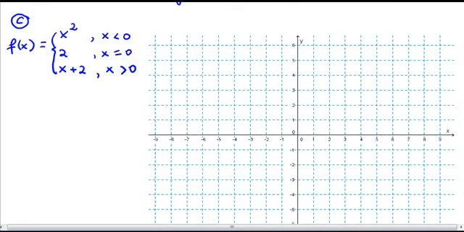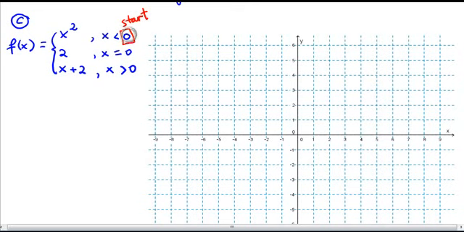So let's graph x squared. This is f of x equals x squared only when x is less than 0. So I'm always using this information here to tell me what to do, because this is actually the domain. I call this the starting point, so I'm using this point here to help me start the graph.